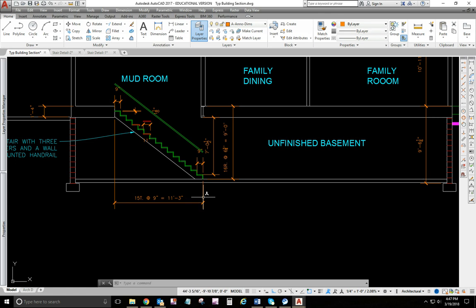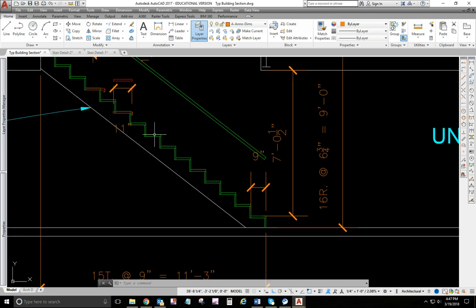Once you have determined your total run, you're going to adjust your basement plan to show the correct location of the stairs, starting and finishing. And then based on your tread size, you're going to adjust both floor plans, basement plan and first floor plan, to make those changes, because we will be using your floor plans again later in the class. So those need to be done.